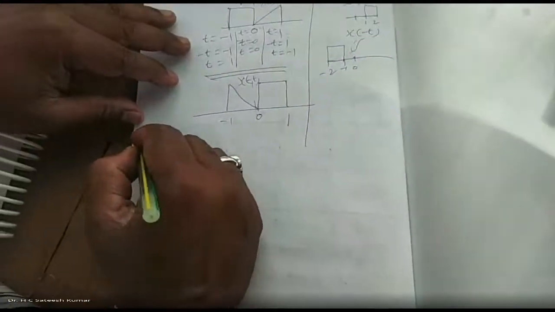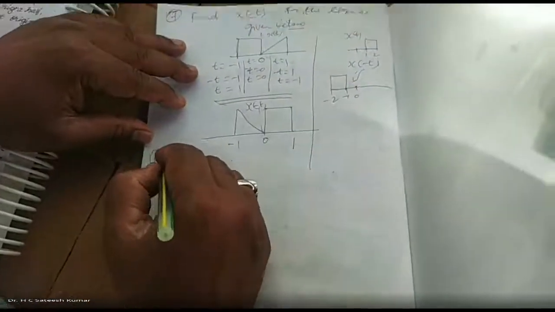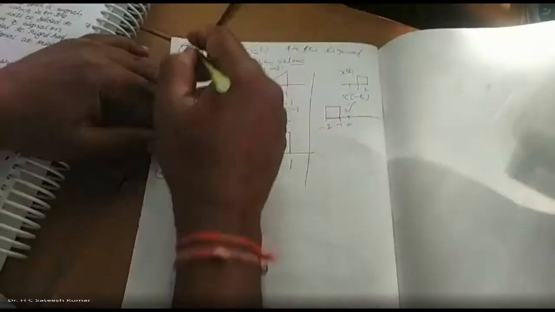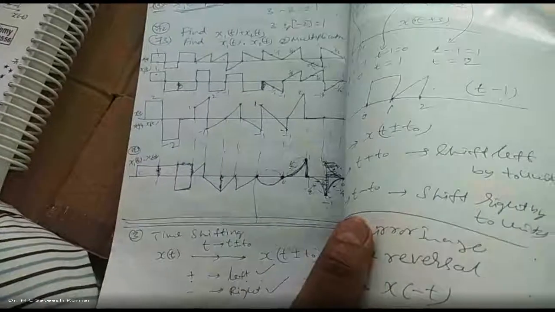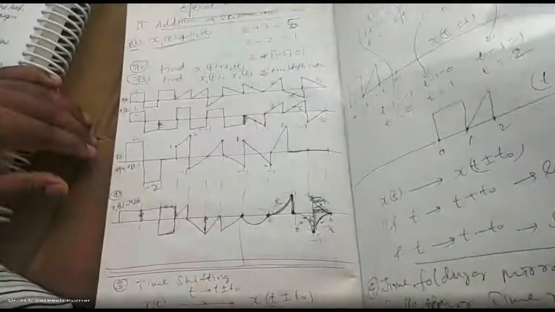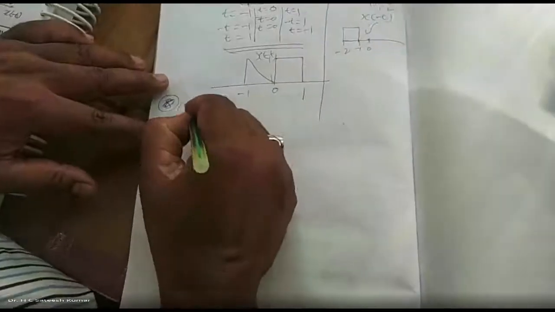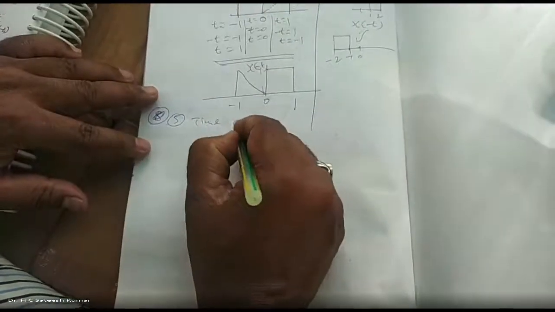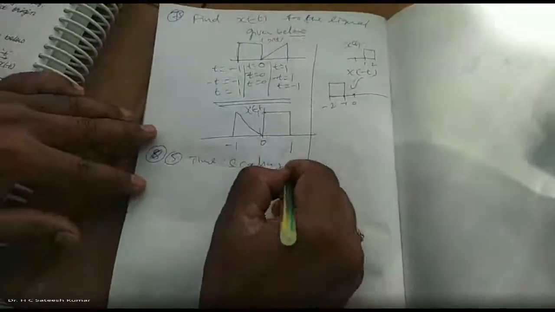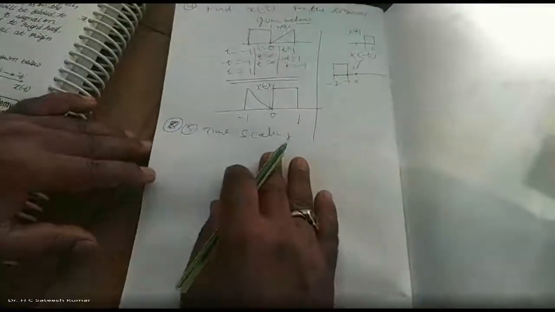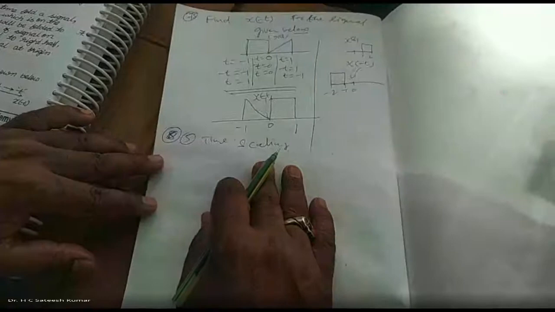So go to the next property. This was problem number 75, and now I'll go for the next property. Time scaling. Property number 5. Time scaling is also a very, very important property.